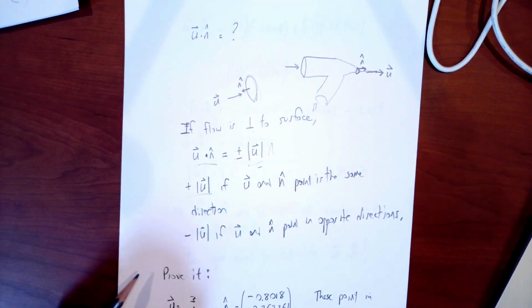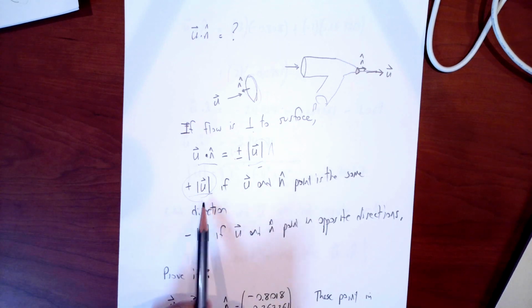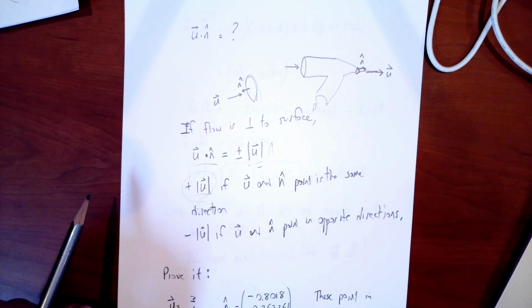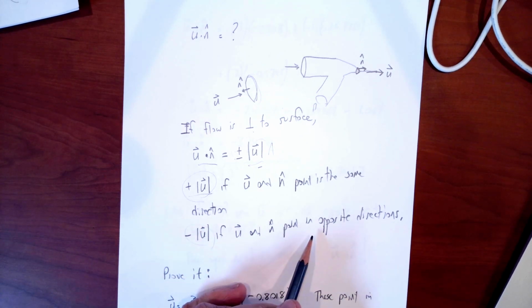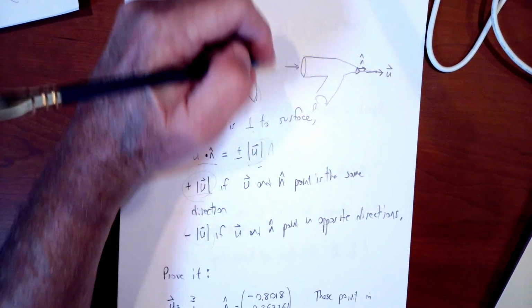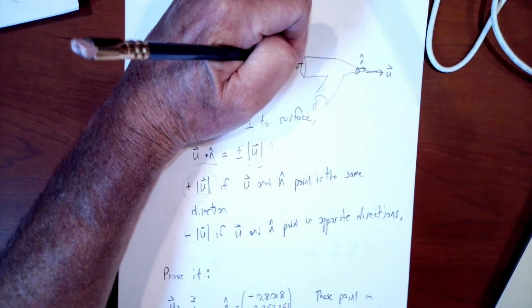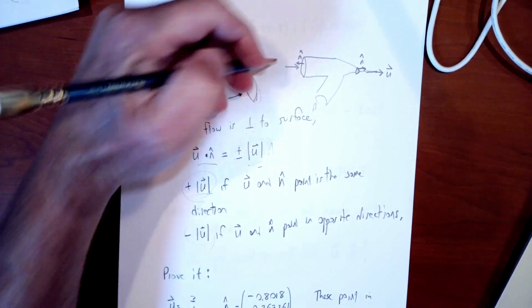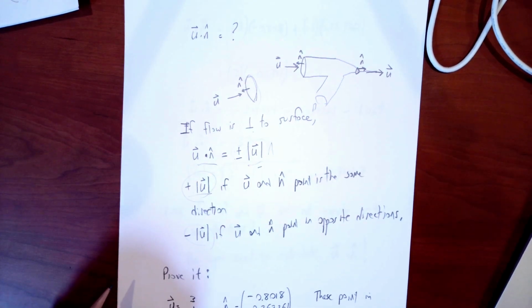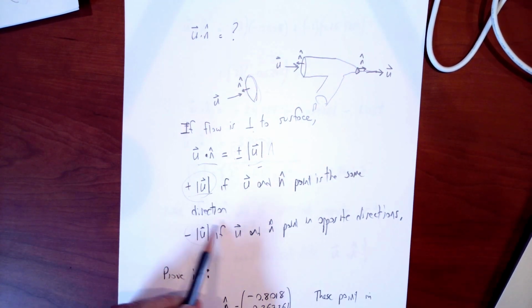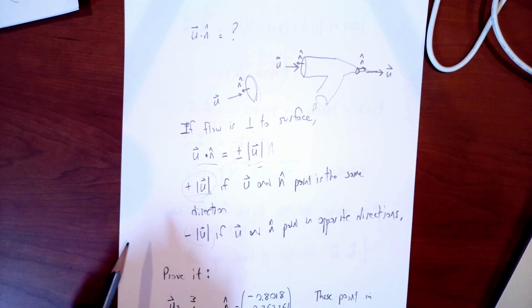They're pointed the same way, so that's going to give you a plus magnitude of U. It's negative of the magnitude of U if U and n point in opposite directions, which would be the situation here. That's your outward facing unit normal, and your U vector is pointing directly into that. So that would be your opposite situation, and you have a negative magnitude of U for that.